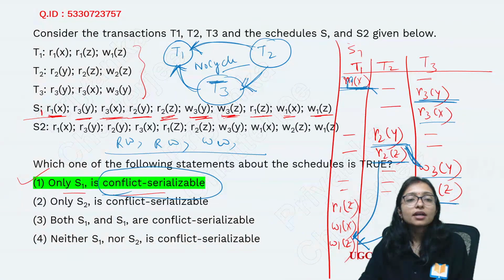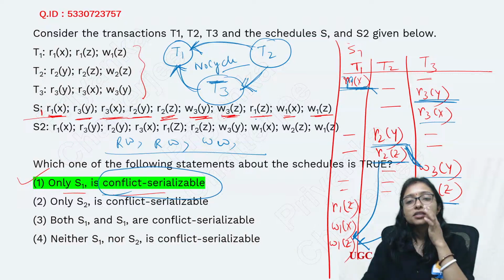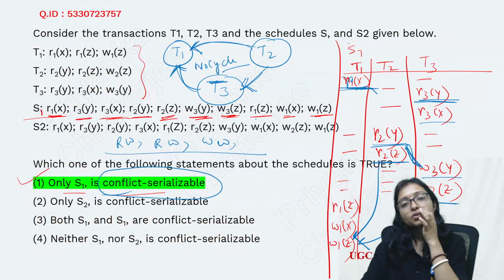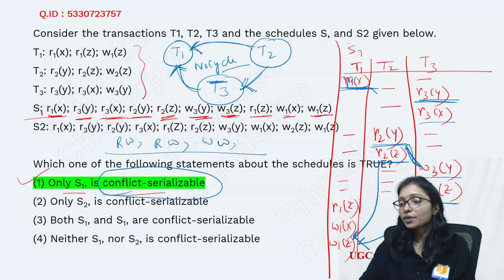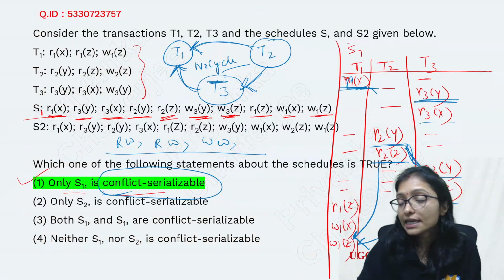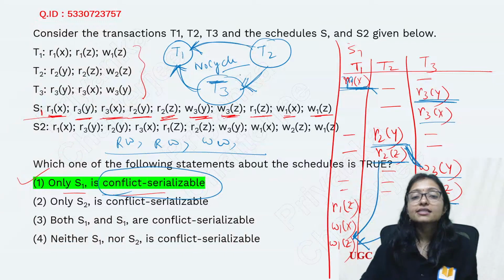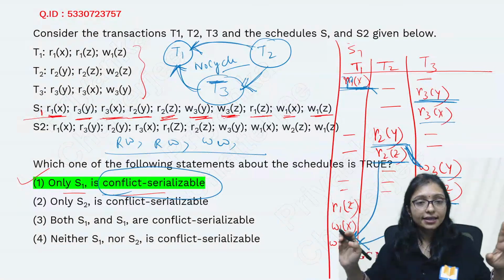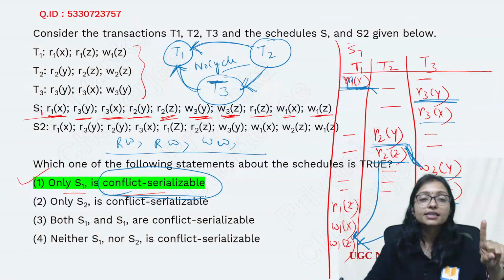R1X, then R3Y, then R3X, R2Y, R2Z, W3Y, W3Z, R1Z. Yes, everything we did. It is not creating any cycle, right? As this is not creating any cycle, it is conflict serializable.